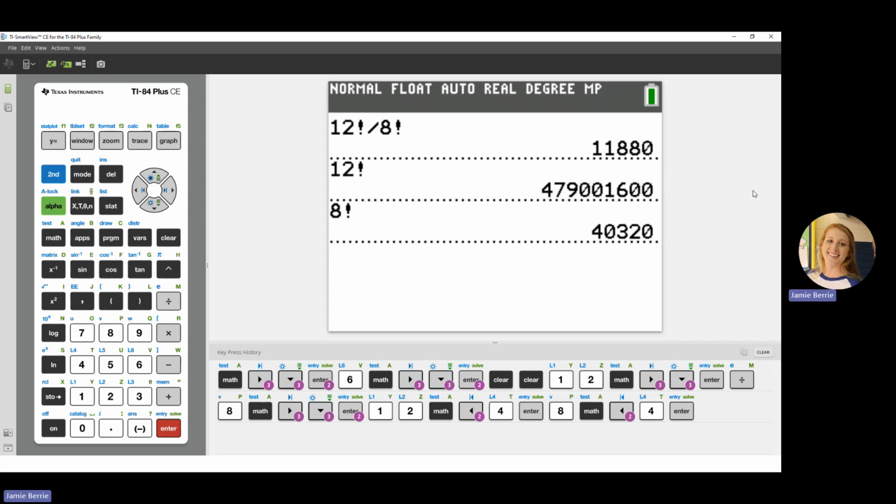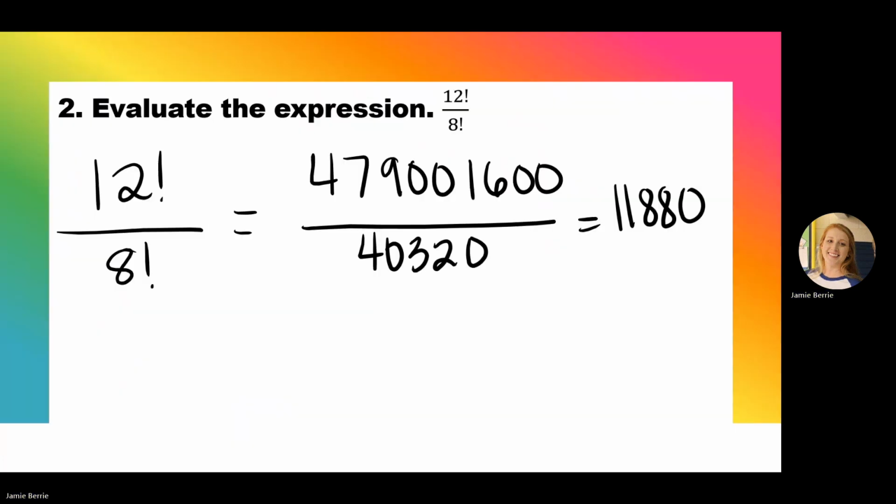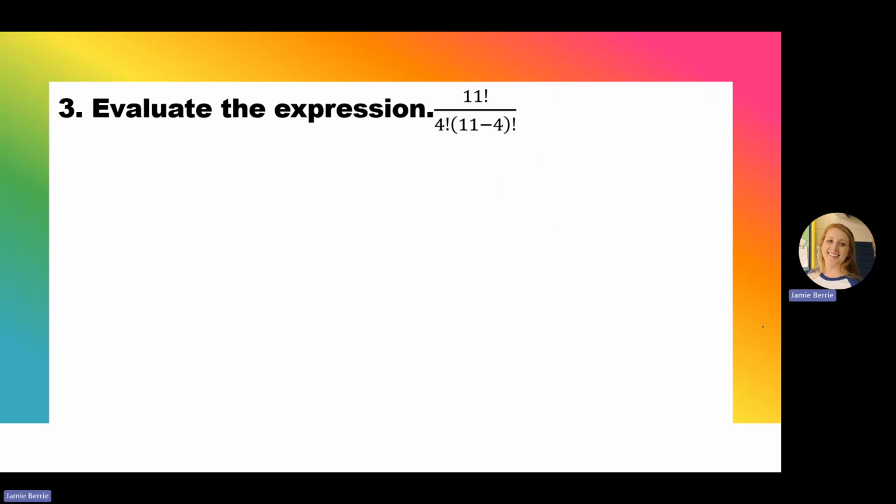Okay, so let's look at our next problem. All right, evaluate the expression. Now we're getting even more complicated. 11 factorial over 4 factorial times 11 minus 4 factorial. I like to go ahead and simplify what's inside the parentheses.